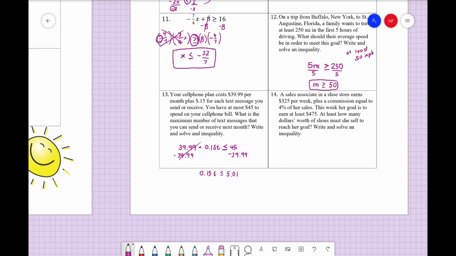Then I'm going to divide out that coefficient of 0.15. So that rate for how much it's going to cost each text.